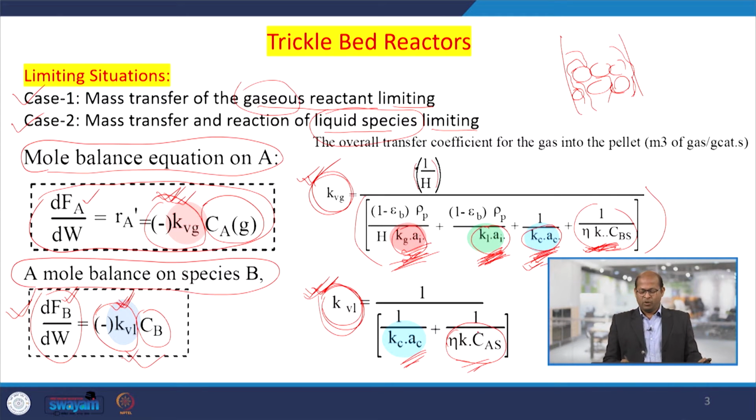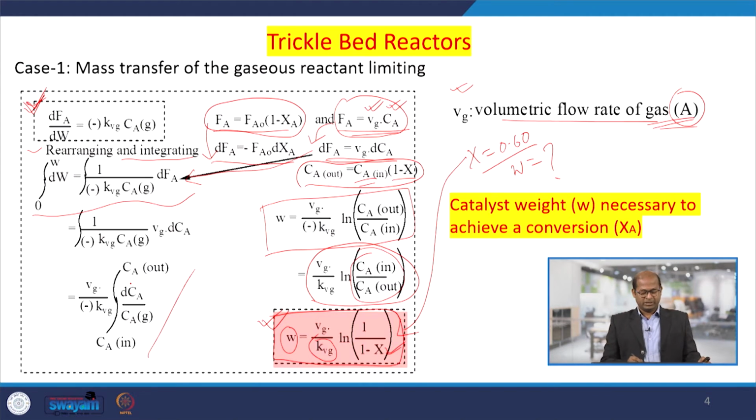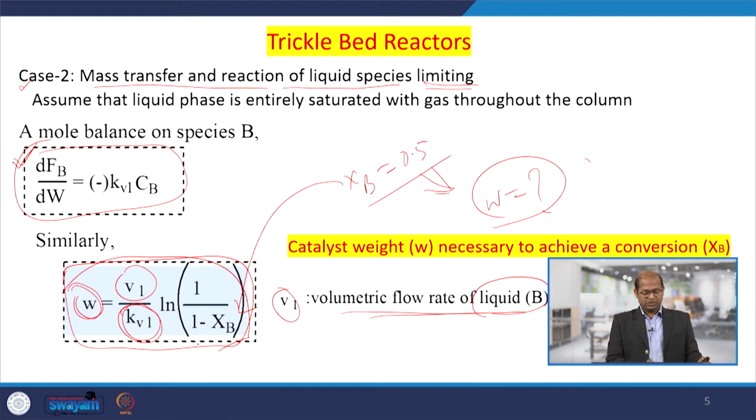If we know these components for a reaction system, we can substitute them and find K_VG and K_VL, and put them directly into these equations. But that is not very easy to find out.